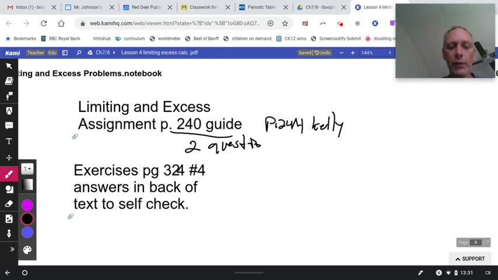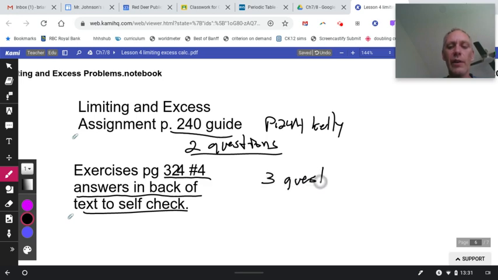And I will post the answers to those. If you would like additional practice in your textbook, there's a question as well, and the answers are in the back to self-check on that one. So that's 3 of these questions in total. They take 5 to 10 minutes each, so that's lots. You'll get the patterns down.